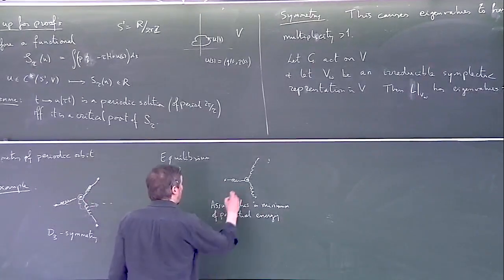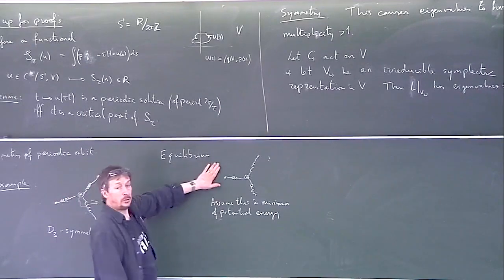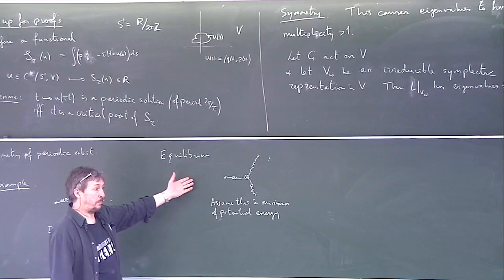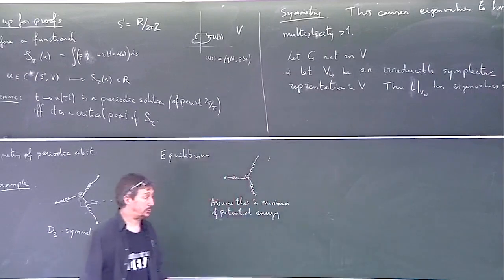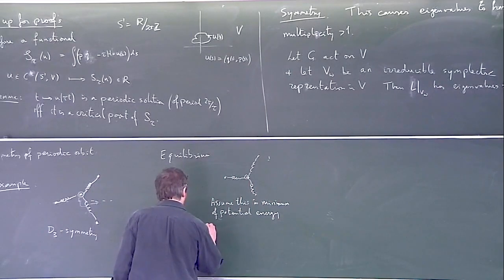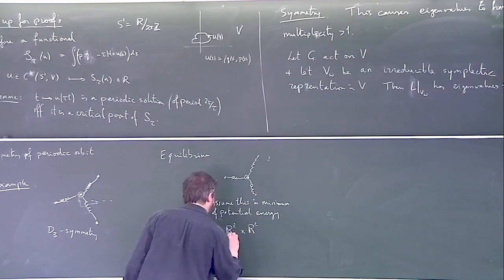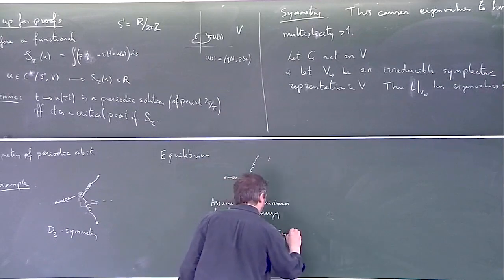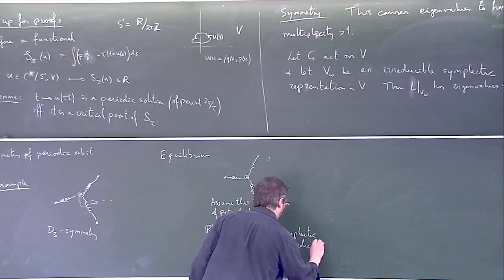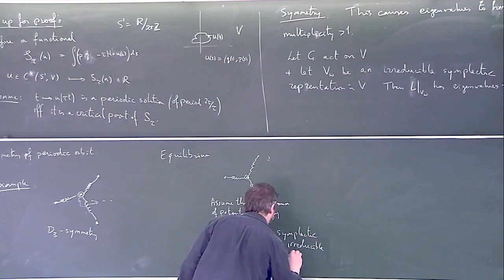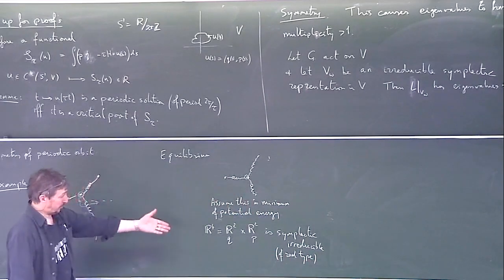So this is symplectic. This is just R2, but the phase space, of course, has R2 for the configuration and R2 for the momentum, so it's R4, but it's symplectic irreducible, of real type.